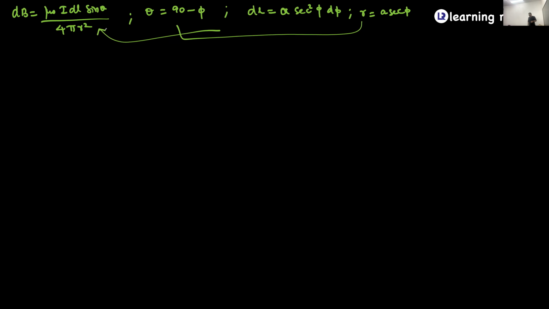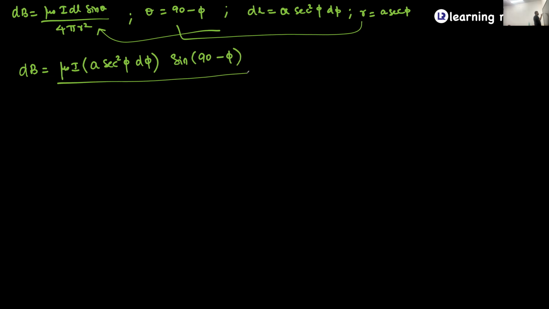That is what we need to do. So dB will be equal to how much? Mu naught I, leave it as it is. In the place of dl, you will write a secant square phi d phi. And in the place of theta, you will write 90 minus phi, the whole divided by 4 pi into, in the place of r, you will write a secant phi.